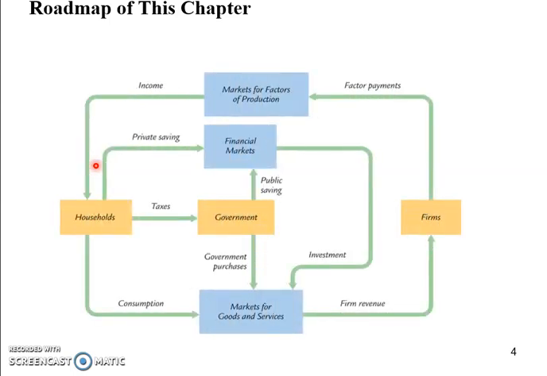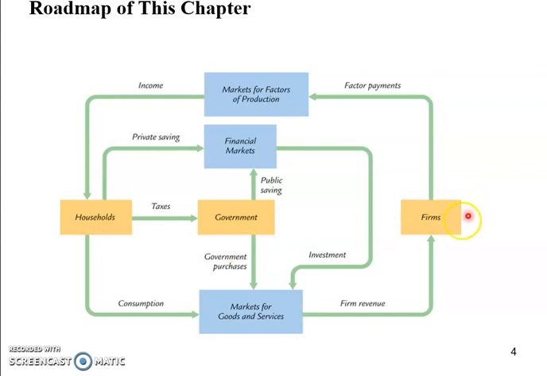We want to show the relationship or the interaction among people within the economic system, and more specifically, the interaction between households and firms. That's why we put the households in one box and the firms in another box. Loosely speaking, you can take households as the consumers and the firms as producers.